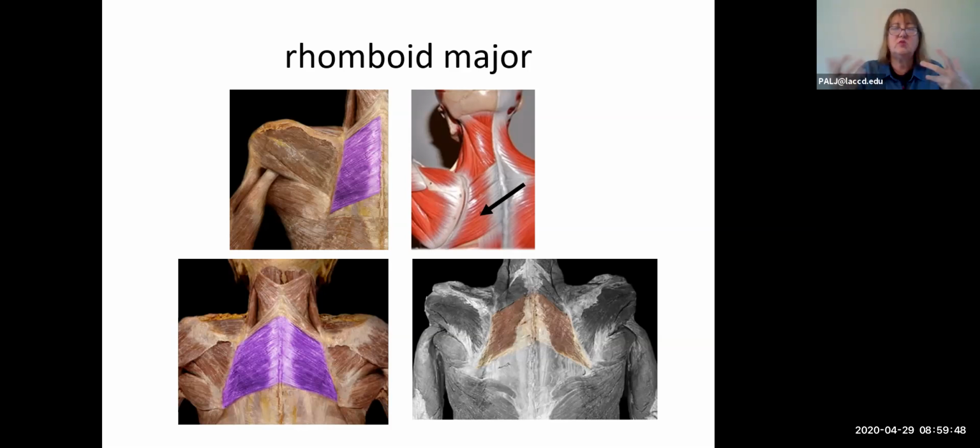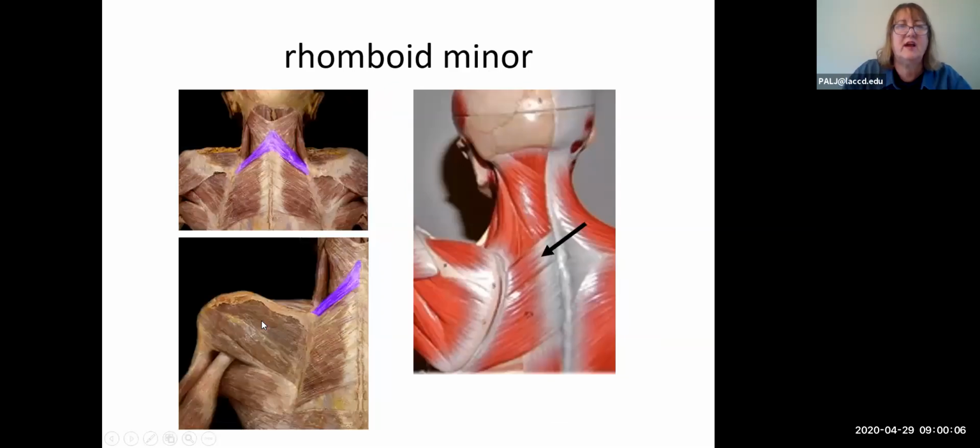So when it contracts, it is going to pull the scapula in a posterior direction like this, which is known as retracting the scapula. Now, just superior to the rhomboid major is a muscle whose fibers are going the exact same direction. They're just coming off the spine in a more superior location.